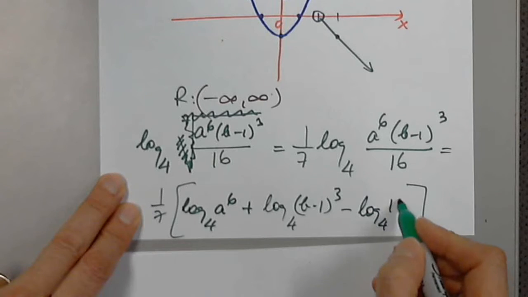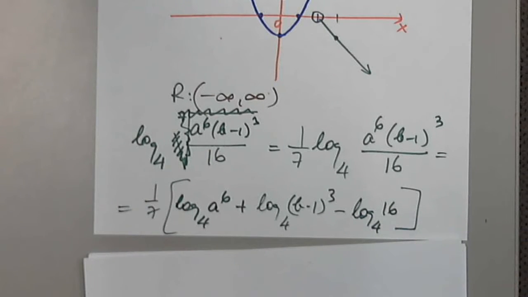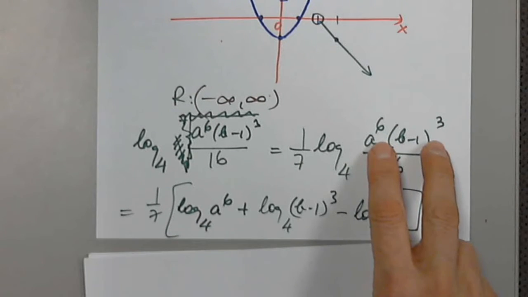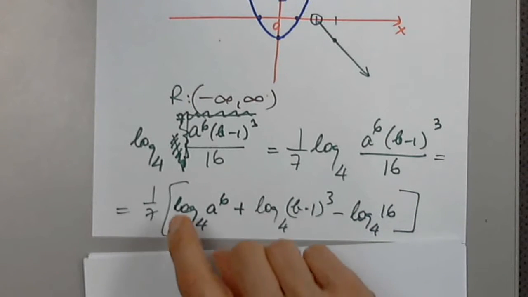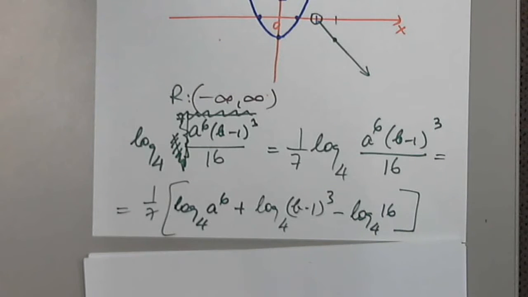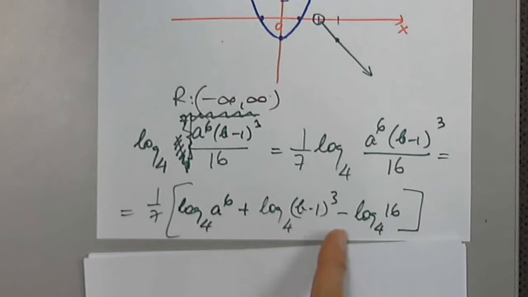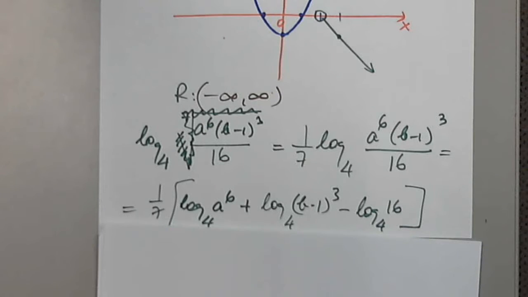Yes, log base 4 of 16. So these two quantities are multiplied, and they are both in the numerator. That's why their logs will have positive and positive. This quantity is in the denominator. That's why its log will have a negative in front. So now, in one step, I finished with the product and the ratio property.